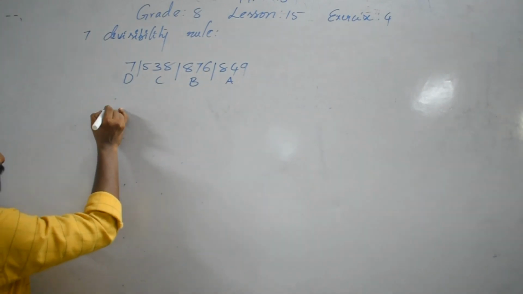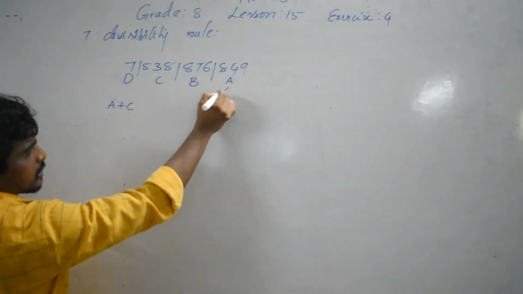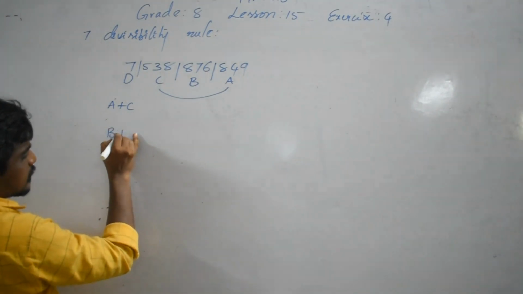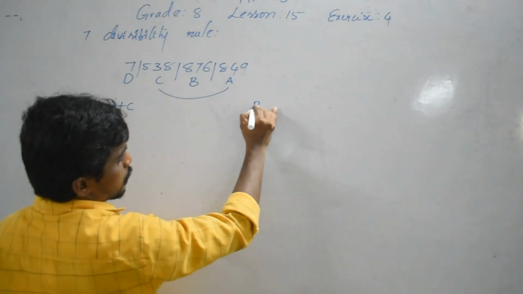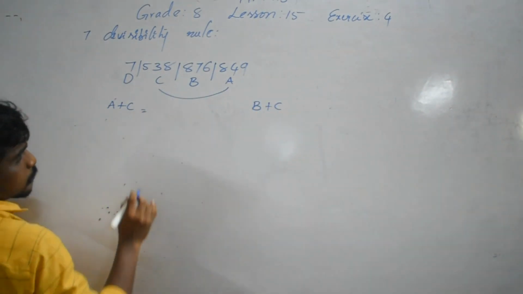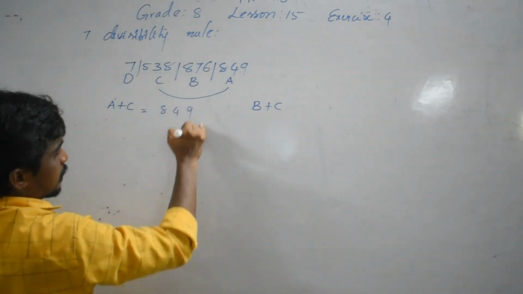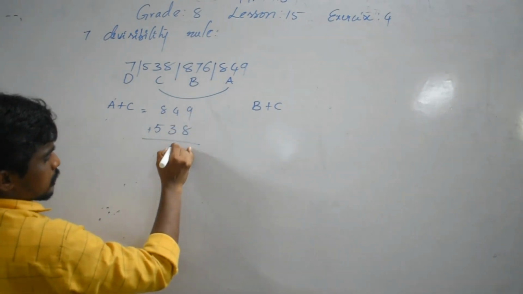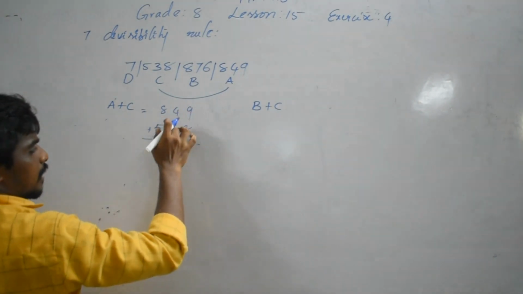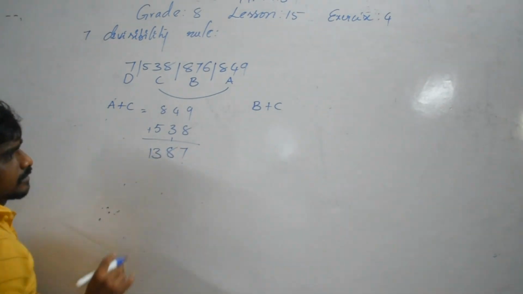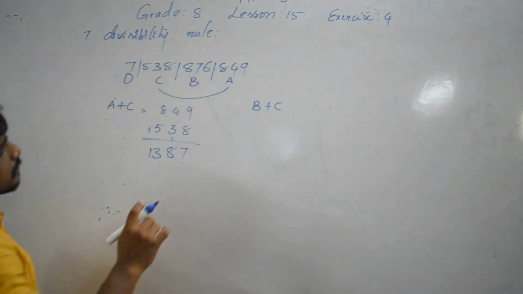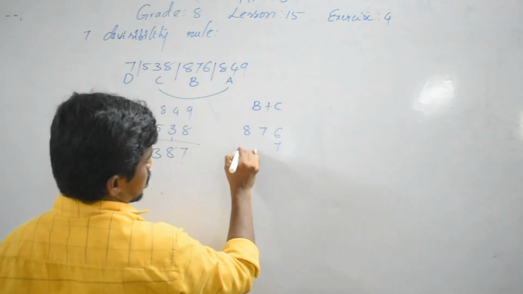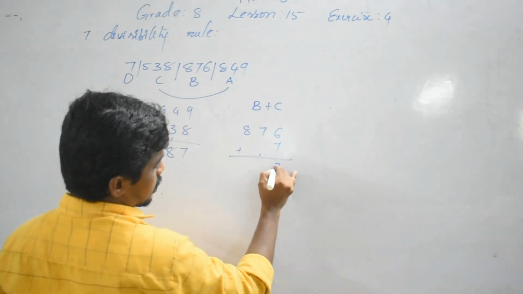Now add A plus C, these 2 groups, and B plus D, these 2 groups. So A is 849 plus 538: 17 and 8, 13. So B plus C: 876 plus 7, 6 plus 7, 13.